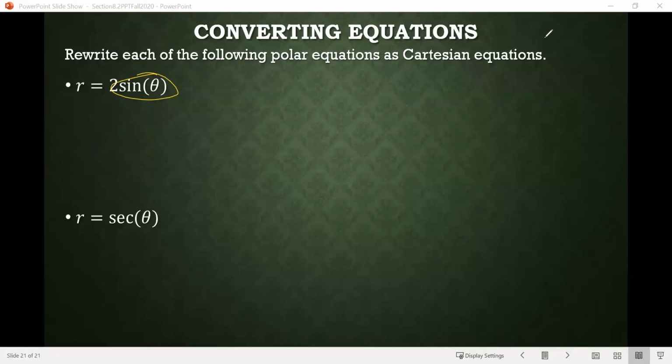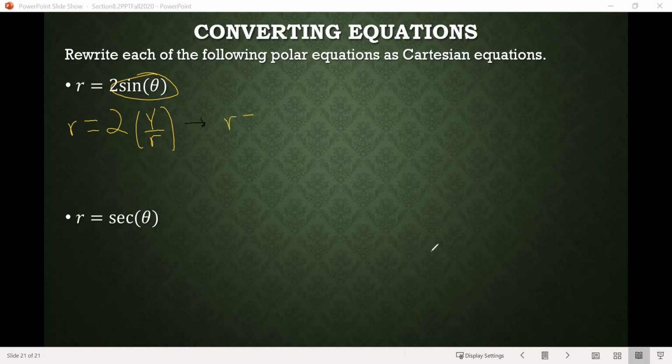Looking at those identities we had, we know that sine of theta is equal to y over r, so we can input that for sine. So we'll have 2 times y over r, which we can then multiply out.